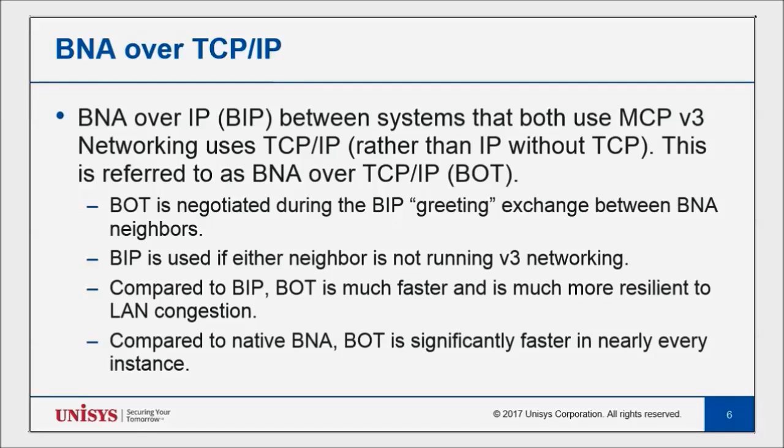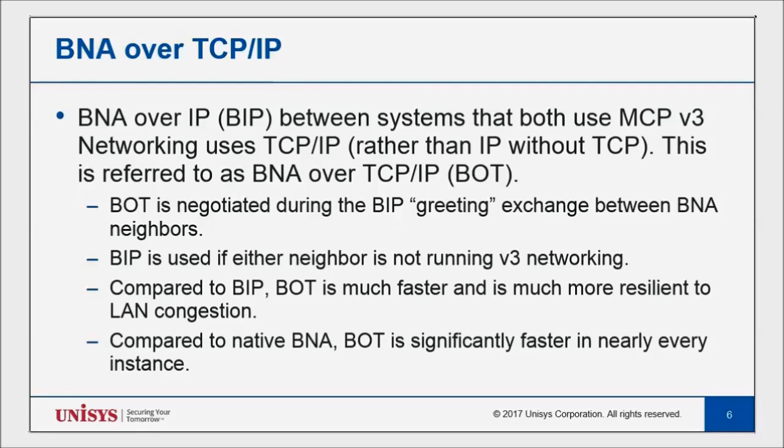Now, there have been 2 flavors of BNA. The first is the original flavor of BNA, often referred to as native BNA, and that uses proprietary packets. And then there's BNA over IP, or BIP, and that uses IP packets.